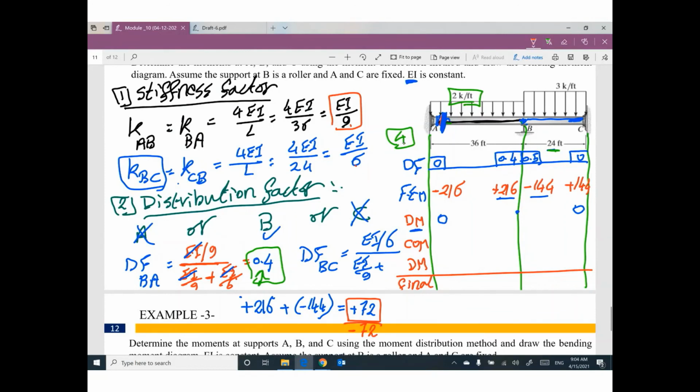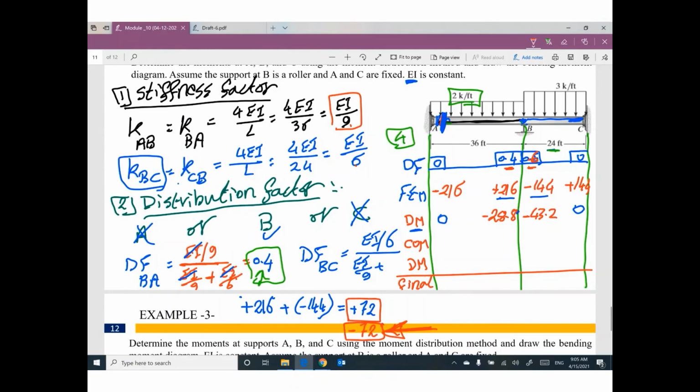Go ahead and multiply this value by this distribution factor. So negative 72 times 0.4, negative 28.8. This value one more time, negative 72 times 0.6. I think this one is 0.6, not 0.5, I'm sorry. Negative 72 times 0.6 will be negative 43.2.